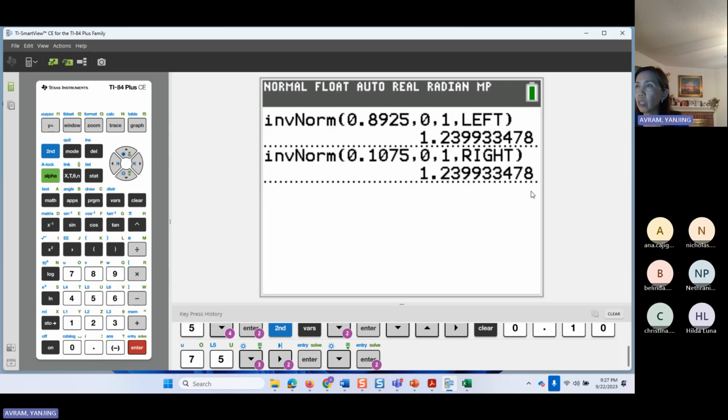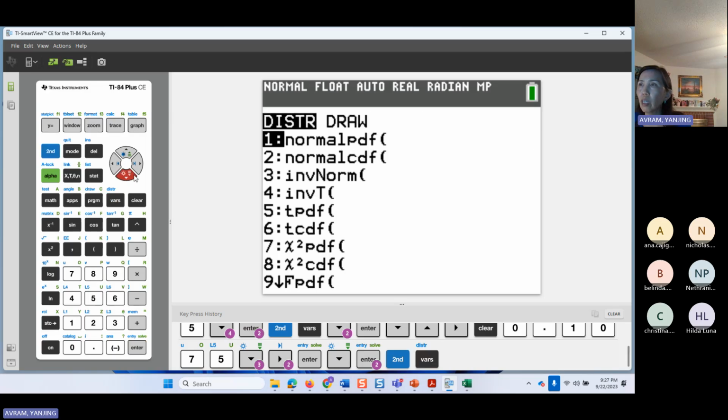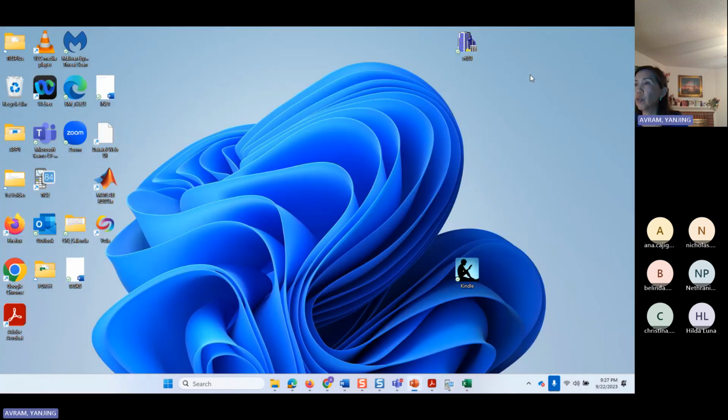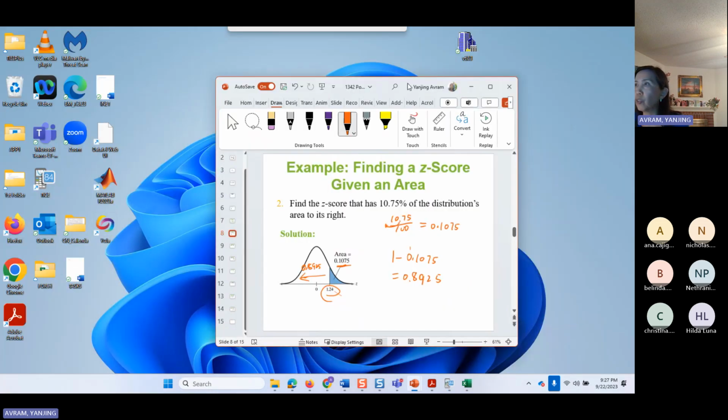That's a good thing about the newer version: you can specify the area in the center, left, or right. If you don't see this option, the default is always the area to the left, so you have to make sure you have the area to the left before you find the Z-score.